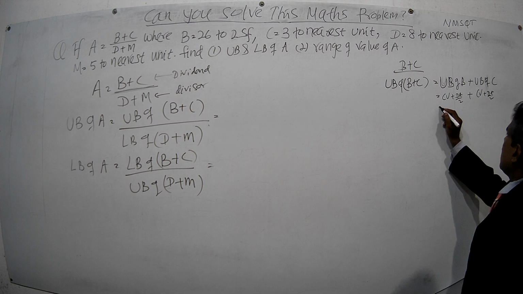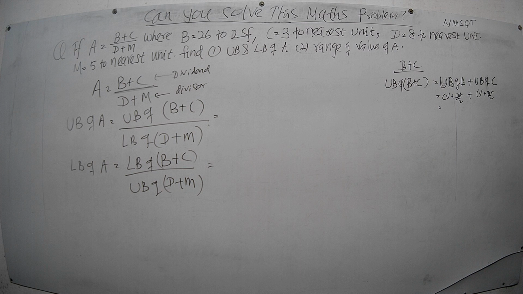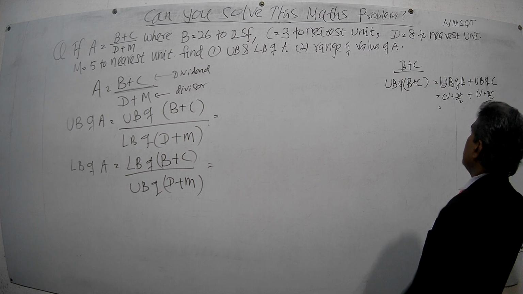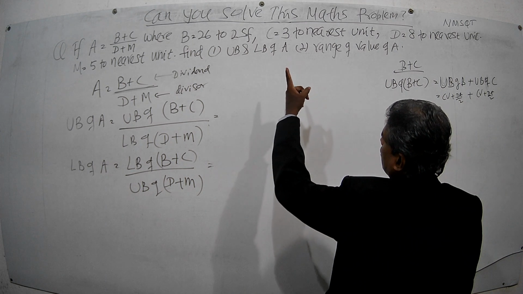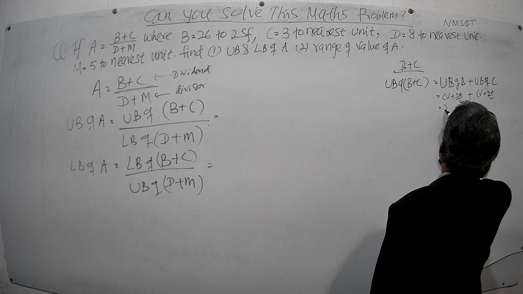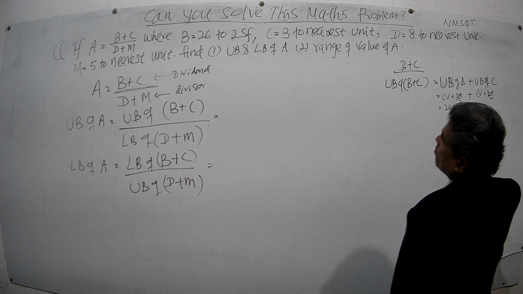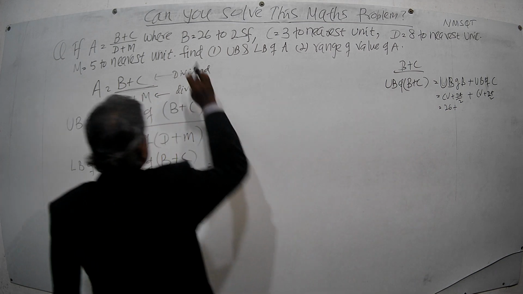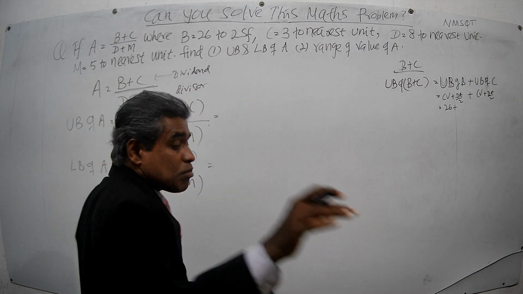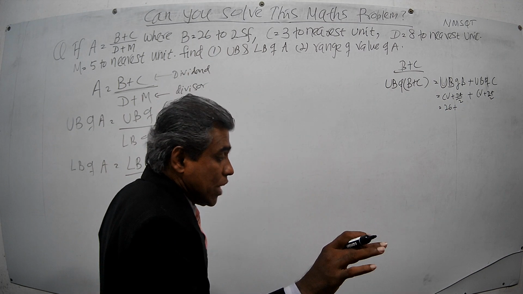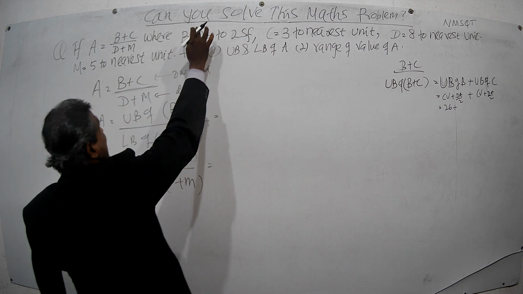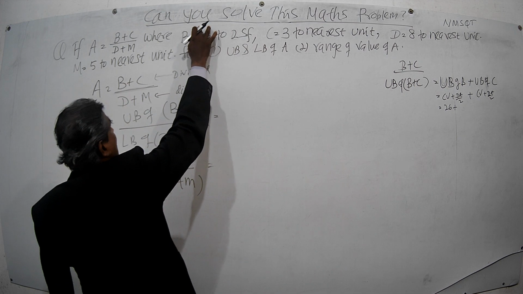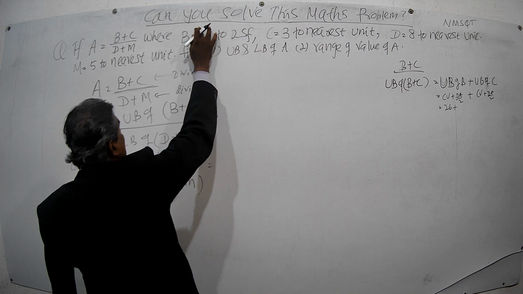Right, now we'll find the corrected value of B. Corrected value of B is 26, and the degree of accuracy is corrected to 2 significant figures. Significant figures are counted from the left end of the number, which is a non-zero digit.